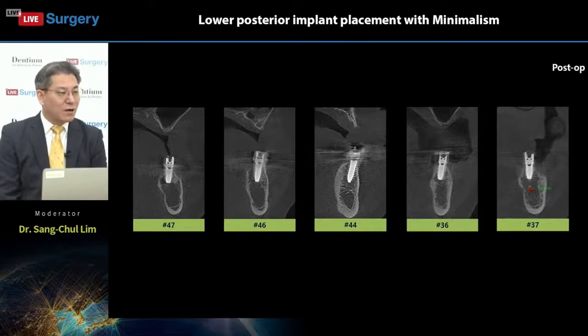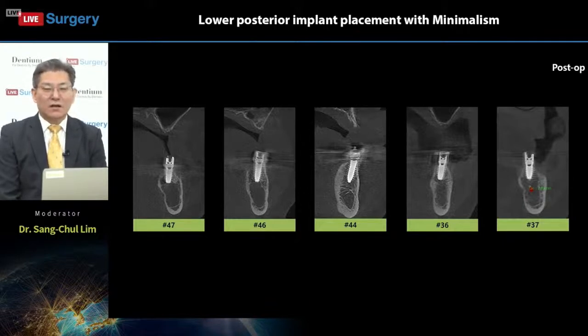So what about the 44? Actually, the 44 area is very tricky. I mentioned the buccal depression, right? In this cone beam CT view, the buccal area has some buccal bone plate here.